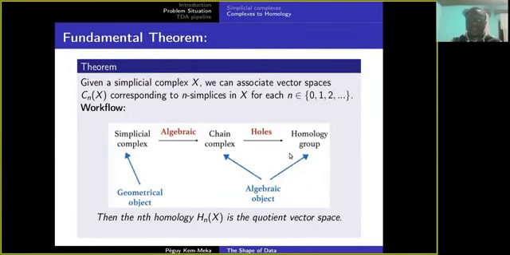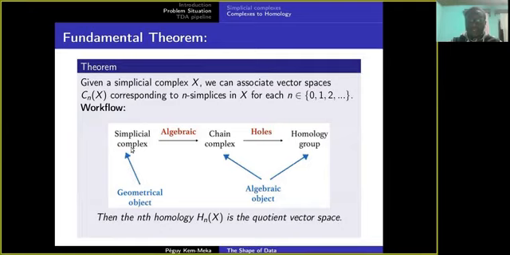Since I know already the notion of simplicial complex, let's give this workflow. We will always start with data which is a point cloud. We will have to build a simplicial complex on top of it, which corresponds to a graph, therefore a geometric object.